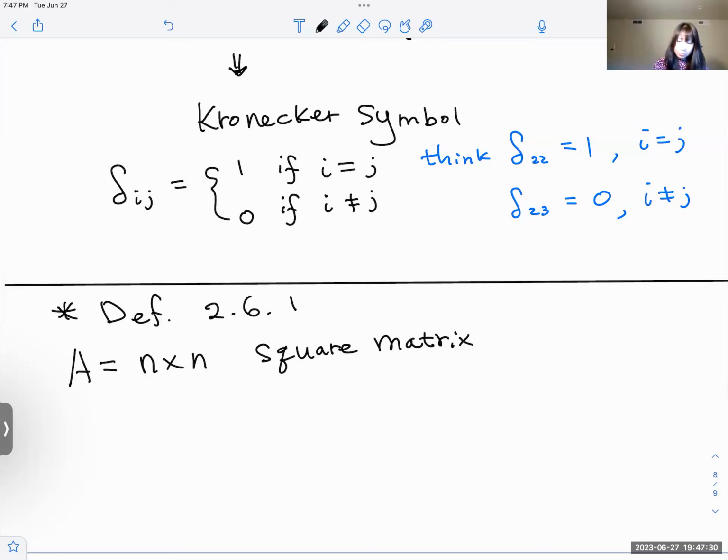Now, we say that A is said to have an inverse, and the inverse notation is A to the power of -1, if and only if.